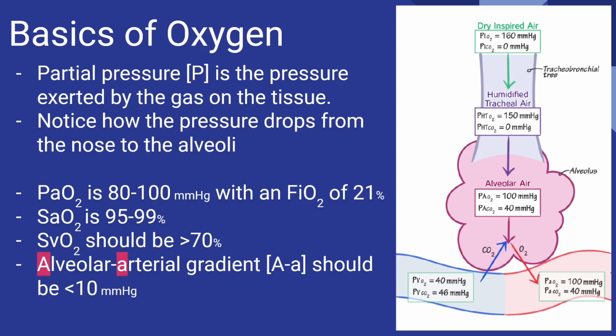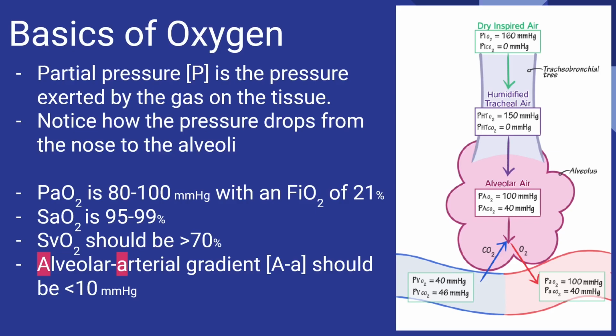The normal partial pressure of oxygen in the arterial system is between 80 and 100. You can check that on a blood gas, and that is at a normal FiO2 of 21%. That's what you and I breathe, normal air. About 21% of the air we breathe is oxygen. Our normal SpO2, SaO2 should be between 95 and 99%.